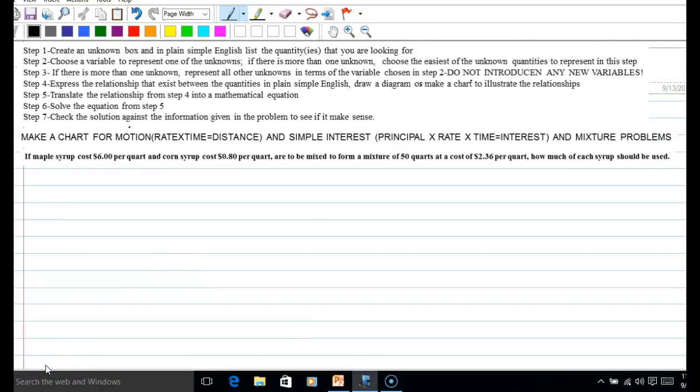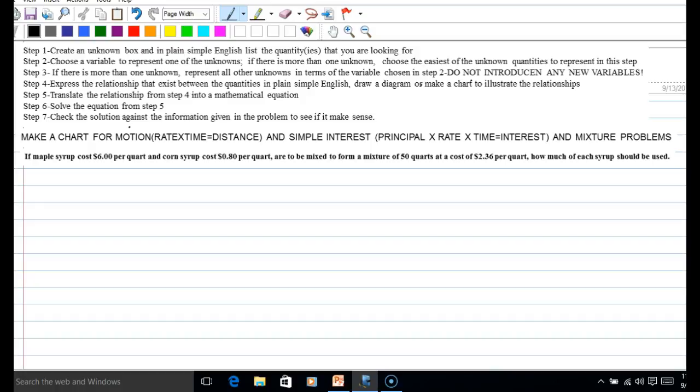The last type of problem that we're going to examine is a mixture problem. And again, I cannot emphasize enough simplifying these story problems by utilizing these 7 steps. And again, I know that this may be a little cumbersome, at least initially, but if you utilize and learn these 7 steps, then you can pretty much attack any type of story problem that you encounter and successfully solve it.